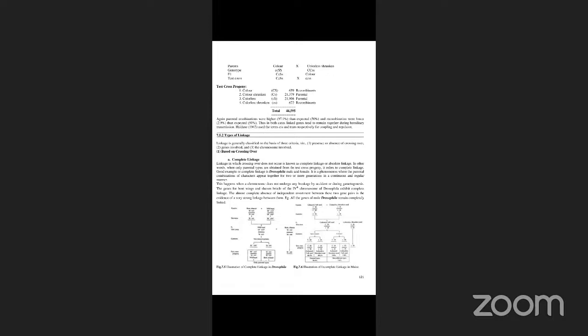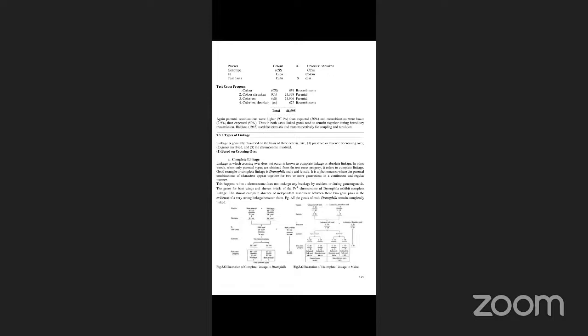An example is Drosophila male and female, where the parental combinations of characters appear together for two or more generations. Regularly you can see the same kind of pattern. This happens when a chromosome does not undergo any breakage by accident or during gametogenesis.